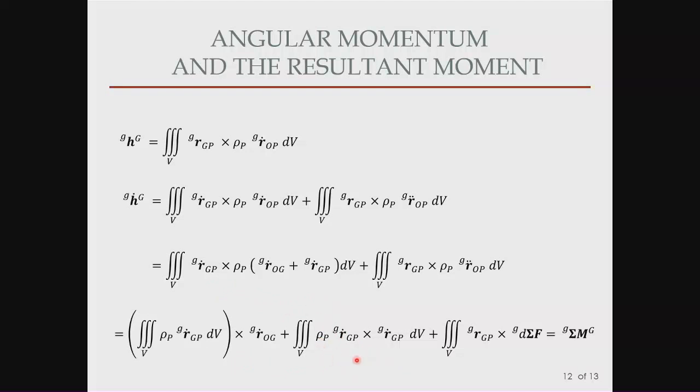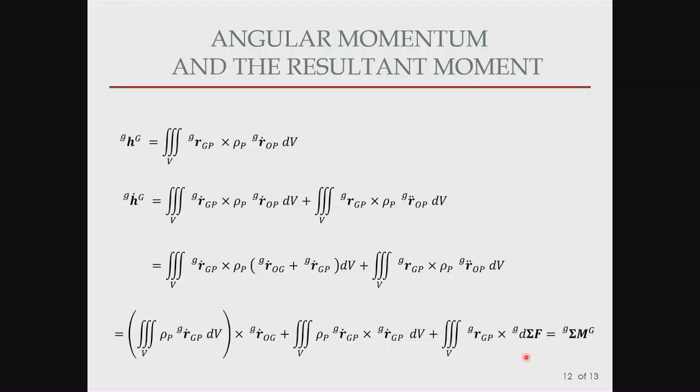And what is this thing? RGP dot cross RGP dot. It's 0 as well. It's a cross product between parallel vectors. In this case they are even equal, and that's why it becomes 0. Cross product of the same direction.